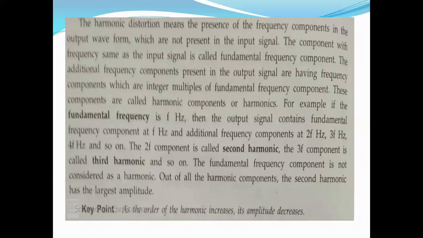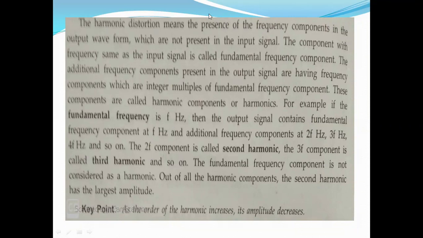Out of all these frequency components, the 2f component, that is the second harmonic frequency, has large amplitude. Because of this second harmonic frequency we may get higher distortion. 2f means second harmonic frequency, 3f means third harmonic frequency, and so on.